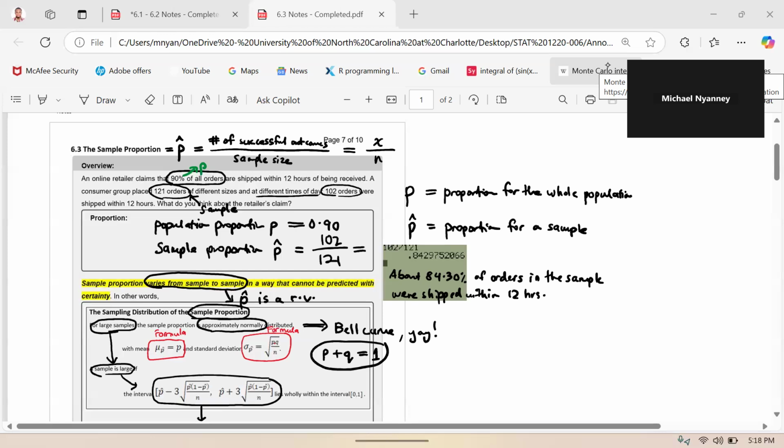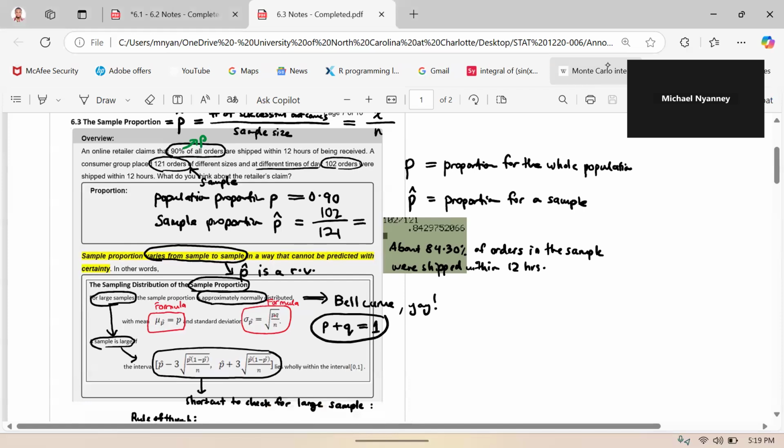If you understand 6.1 and 6.2, you should understand this. There's just a little difference when it comes to which distribution we go to, and what sample size we need to claim that we picked a large sample size in order to apply the CLT. That is the only part that actually changes.